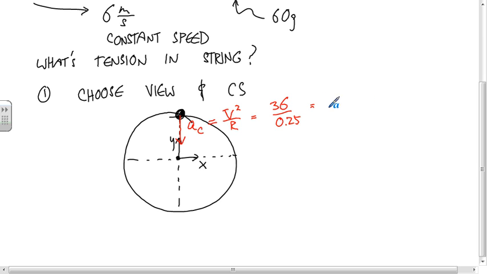And so you get a total centripetal acceleration of 144 meters per second squared. That's the magnitude. And then we have to use the direction to give us the components of that acceleration. If the magnitude is 144 meters per second squared, what are the components?